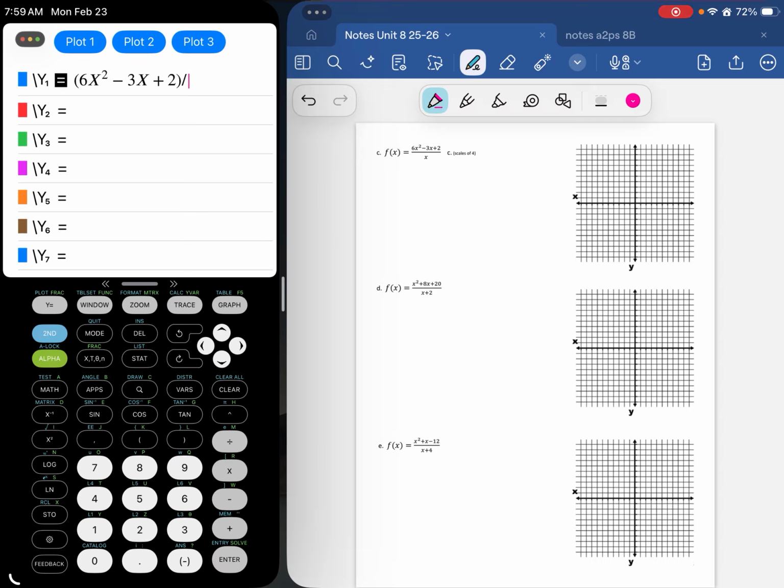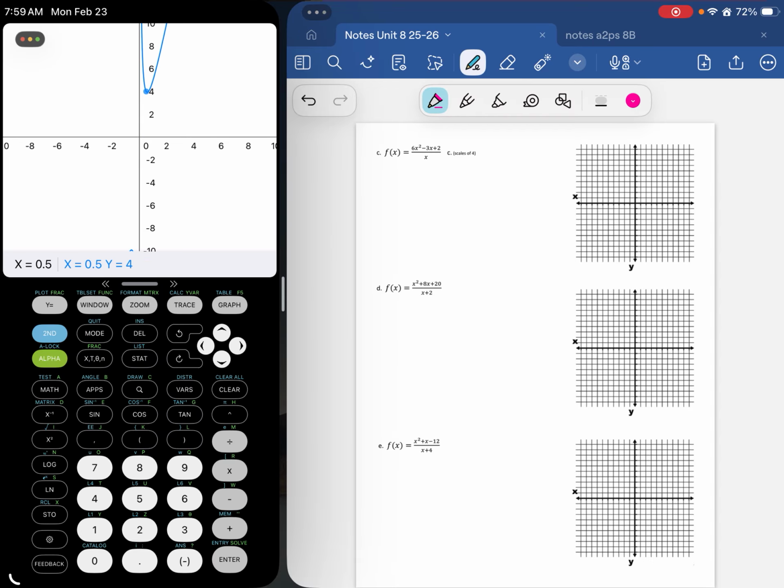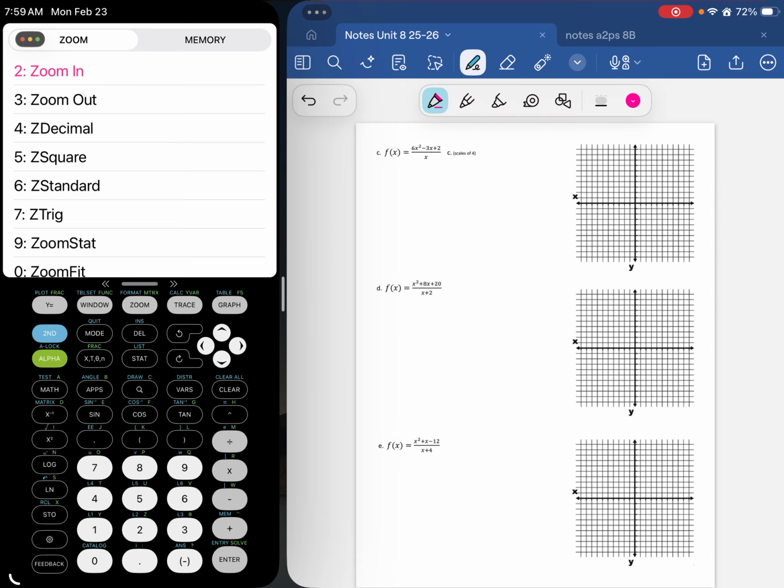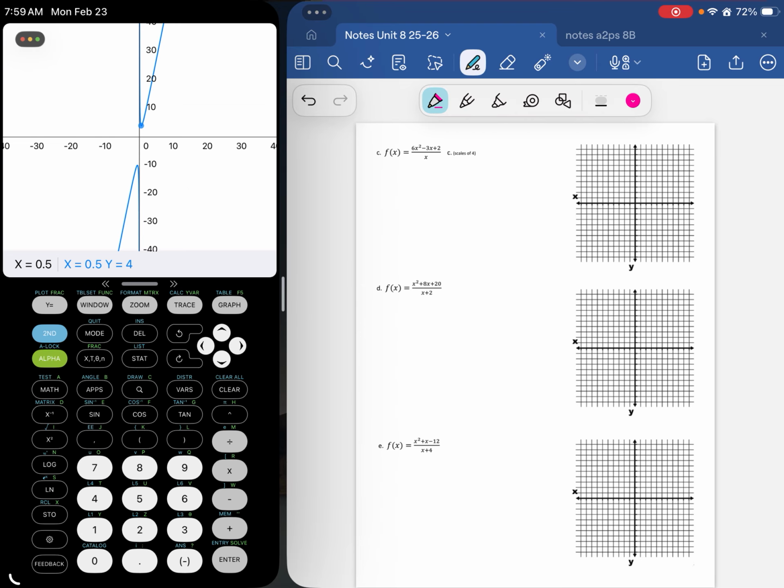Like, I like long division, but even I don't want to do it. But when you look at your graph, I'm going to zoom out, you get an oblique thing. So you have asymptotes that go up and down, left and right, and then you have a slant. And because of that, we're not going to deal with it. So we're just going to skip that. Okay? So we're going to skip.